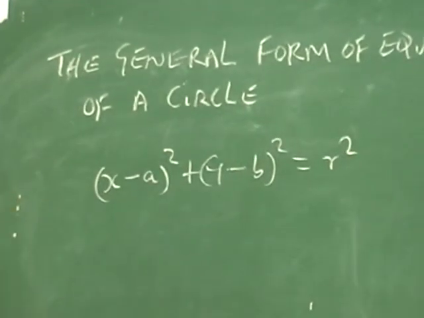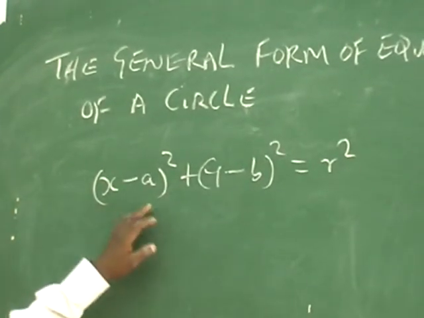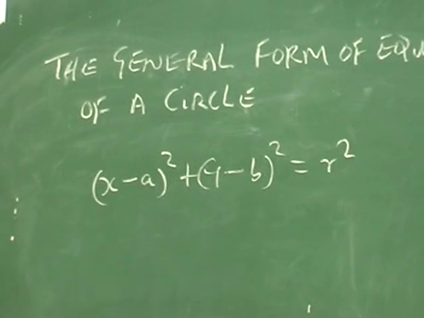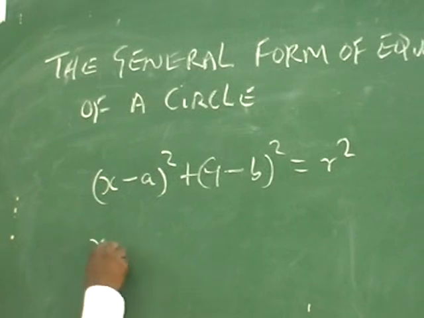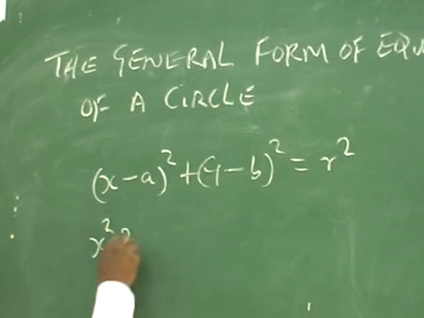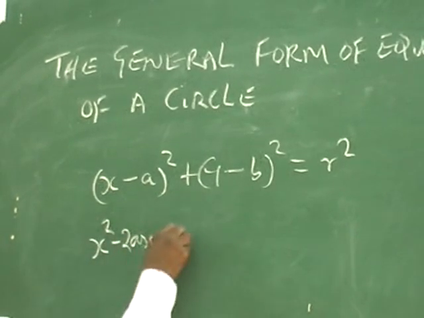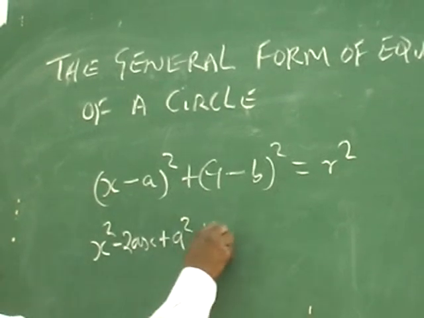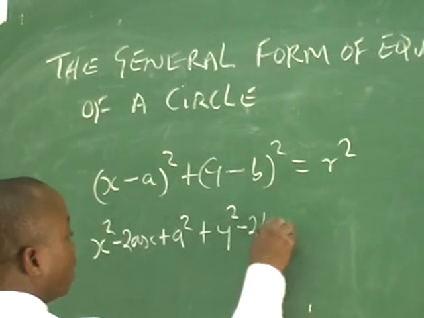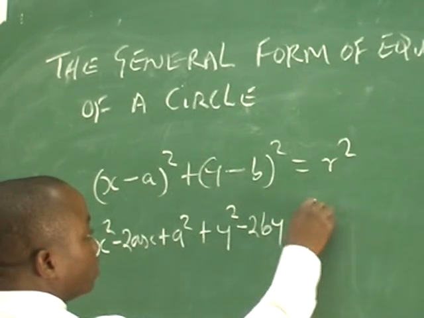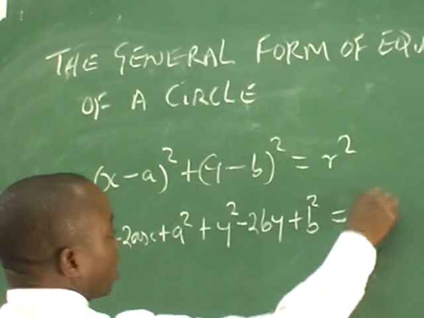This is the equation of the circle with the coordinate of the center a and b. Then, if we expand, we will have x squared minus 2ax plus a squared plus y squared minus 2by plus b squared equal to r squared.